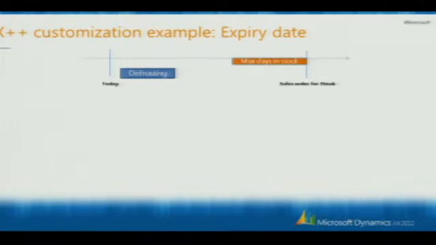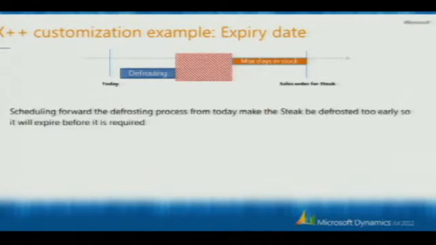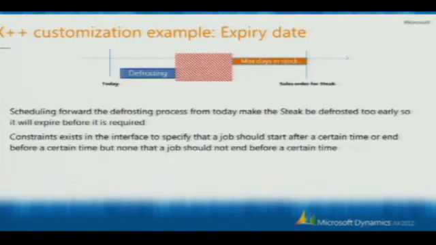So the problem is, if we place the job as it's marked here, it would be pretty stupid because we defrosted it too early, basically. It will expire before we have to sell it, or before we need it, actually. So what we want to do is somehow limit the job to not end before we actually get within the time range of the max days in stock.